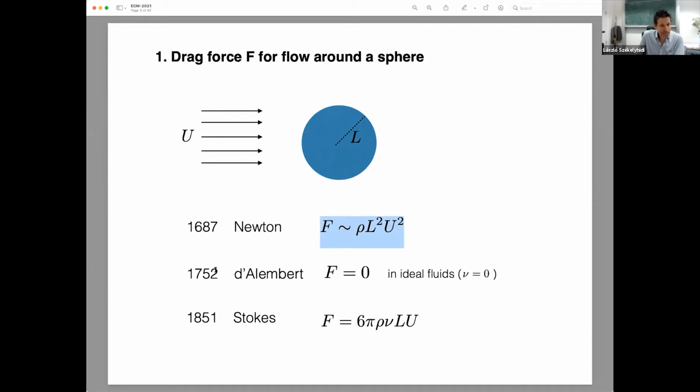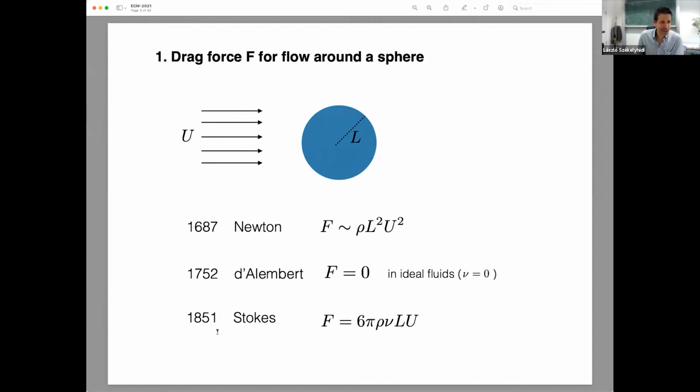Then almost 100 years later, D'Alembert also studied this problem, and he derived the formula F equals 0. But he was dealing with ideal fluids, which means fluids without any internal friction. This is something that Newton did not consider.